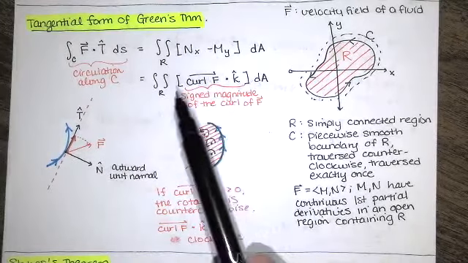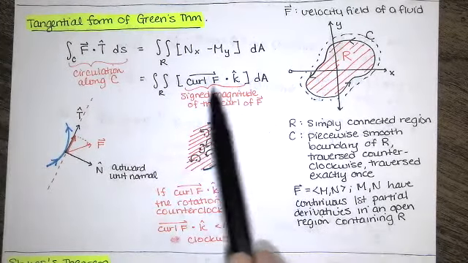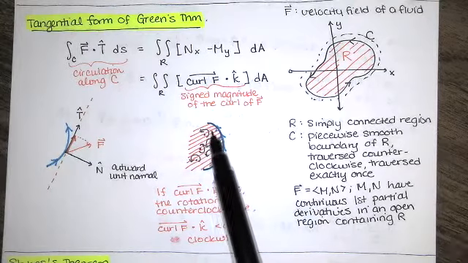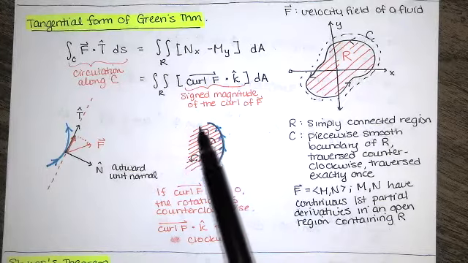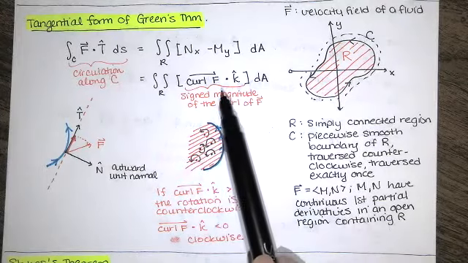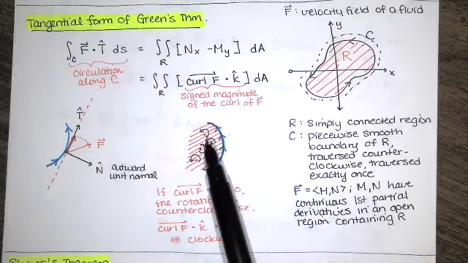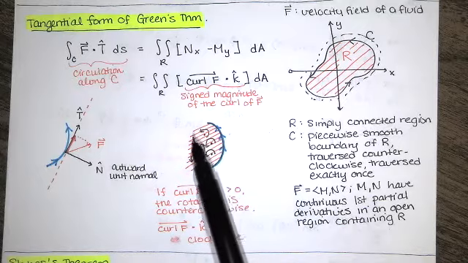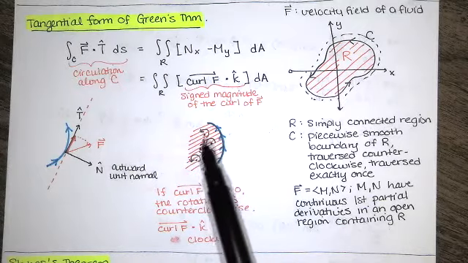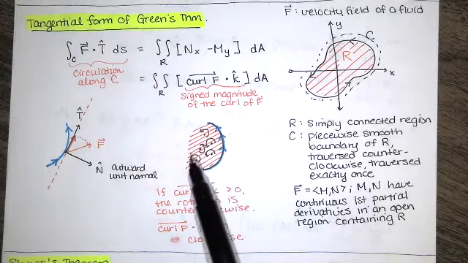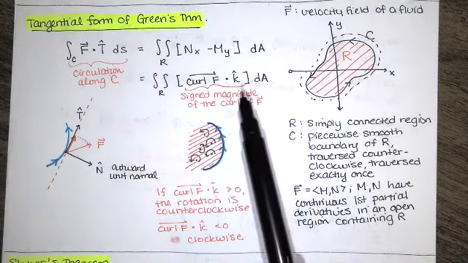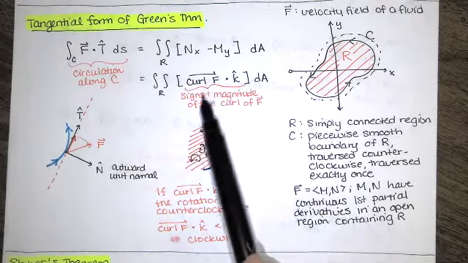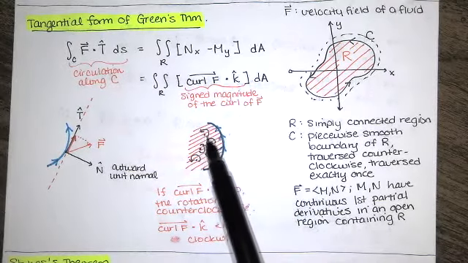So on this side, what we have is a measure of the tendency to rotate at every single point in the region R due to that field F. We're saying, does that field tend to rotate in the counterclockwise direction or in the opposite direction? If it does, the curl, or this dot product of the curl with K hat, in this case, is going to be non-zero.